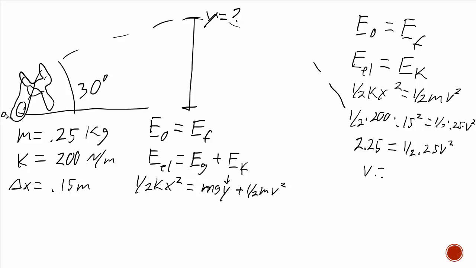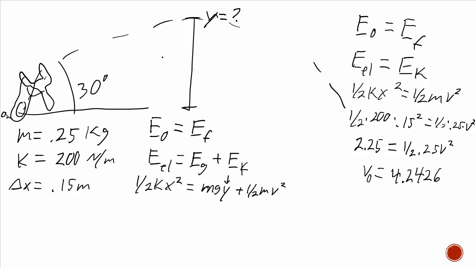Solve that for v, and you end up with 4.2426, and you should keep as many digits as you reasonably can. When I did these calculations, I did it in my calculator and just used all the digits that the calculator would store. Now I'm also going to call this the initial velocity, just to remind myself that it's not this velocity here. I haven't found that quite yet. This is just the launch velocity.